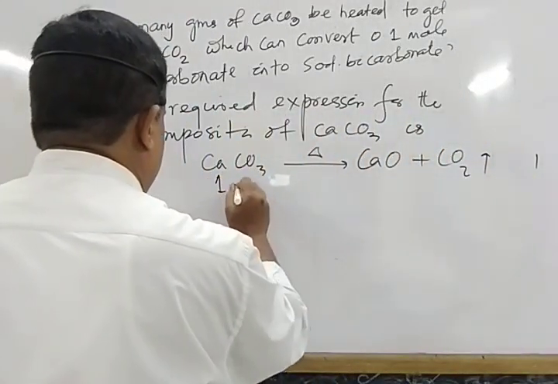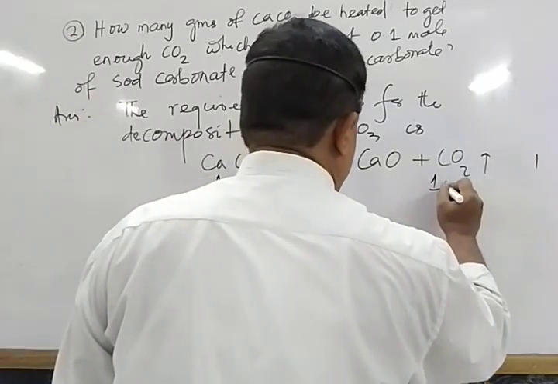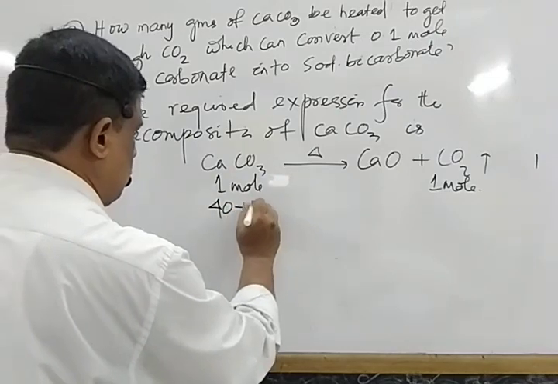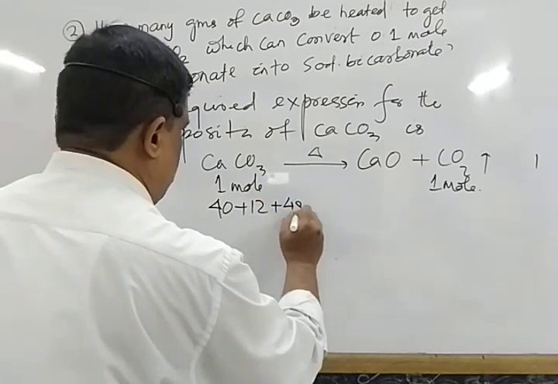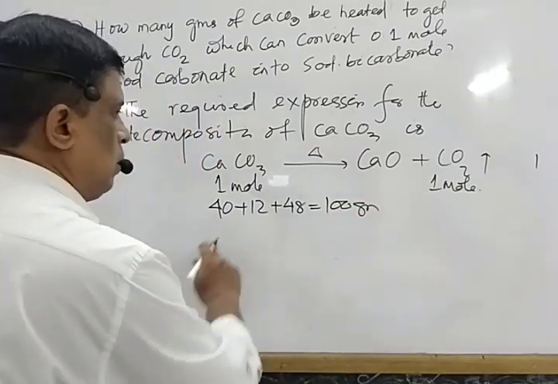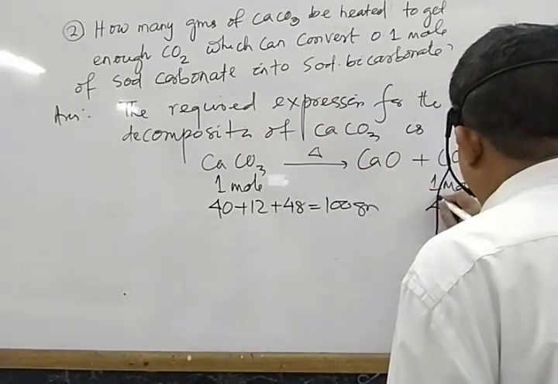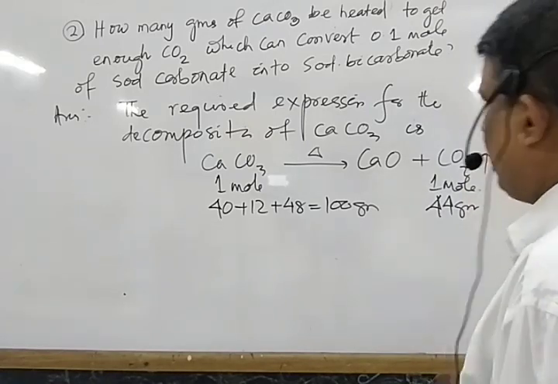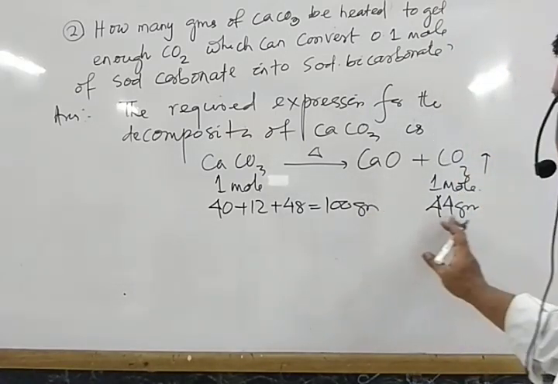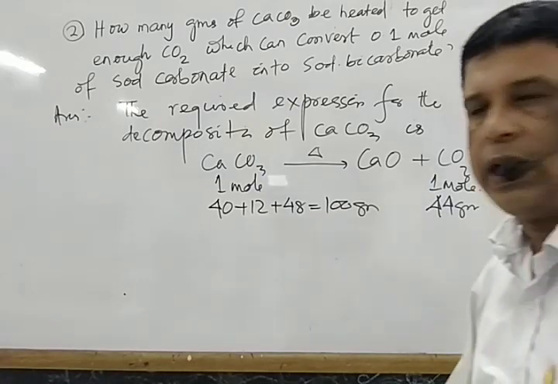It is 1 mole, 1 mole. 1 mole means 40 plus 12 plus 48, equivalent to 100 gram. 1 mole of carbon dioxide means 44 gram. Mark that: on the decomposition of 100 gram of calcium carbonate, 44 gram of carbon dioxide is evolved.